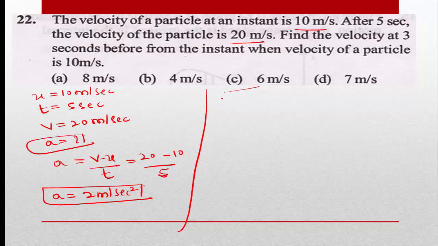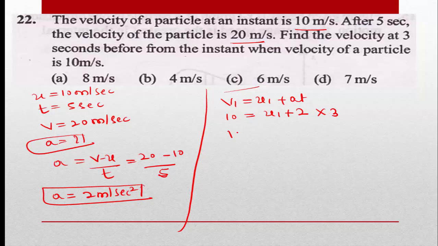But we want the velocity at 3 seconds before the instant. Now I am going to calculate that value: v is equal to u1 plus at. Here the velocity of the particle is 10 meter per second, equal to u1 plus acceleration 2 into 3 seconds.